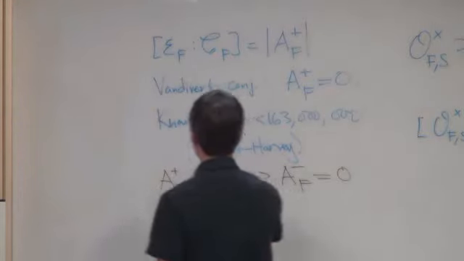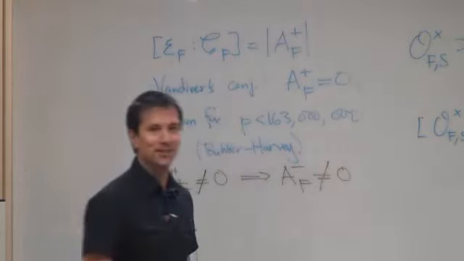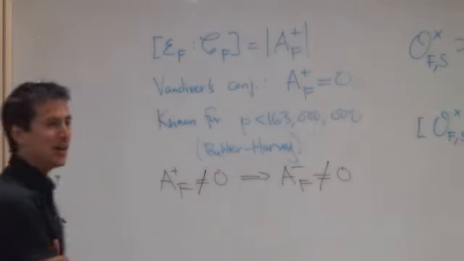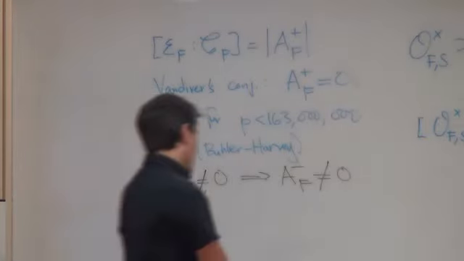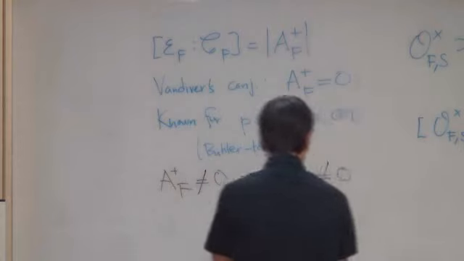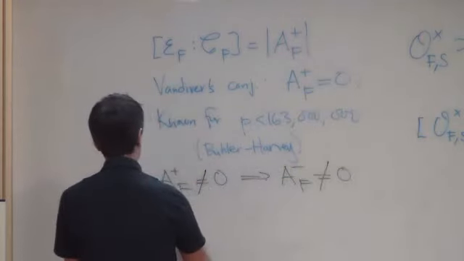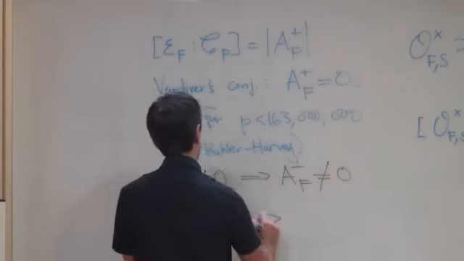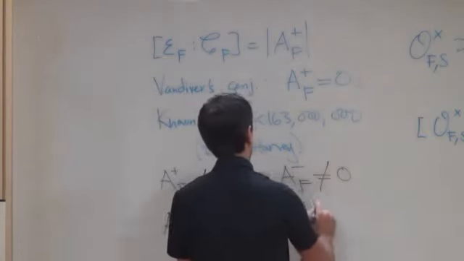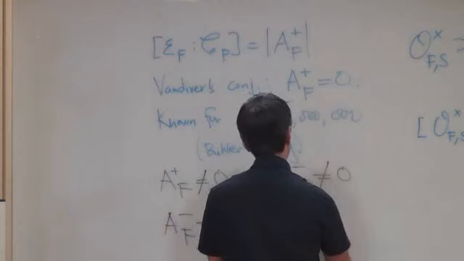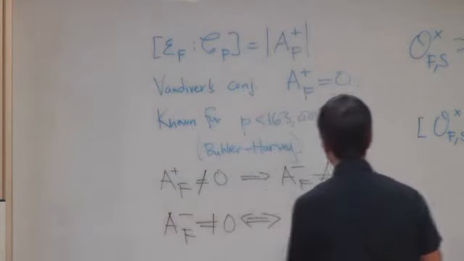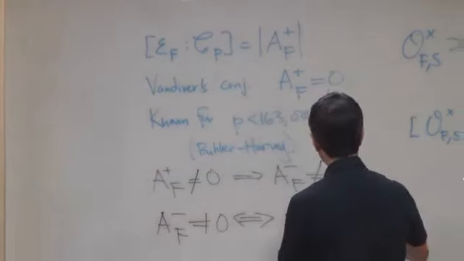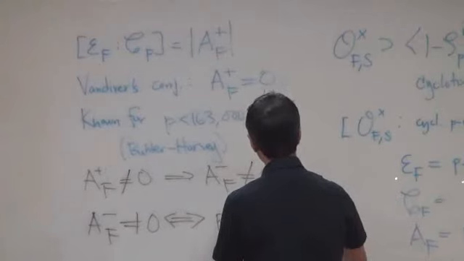Non-zero. I said non-zero, wrote 0. Okay. And the minus part, by the analytic class number formula, is non-zero if and only if p divides the numerator of B_k over k for some k, where k is even and greater than or equal to 2.